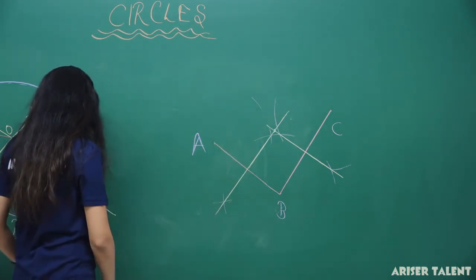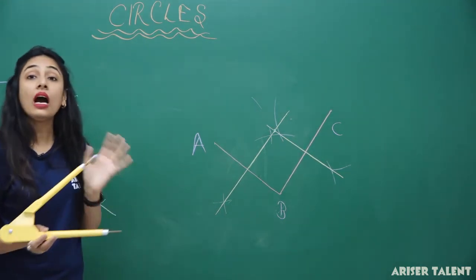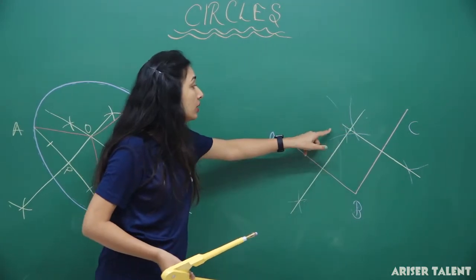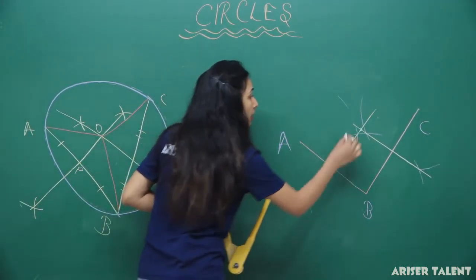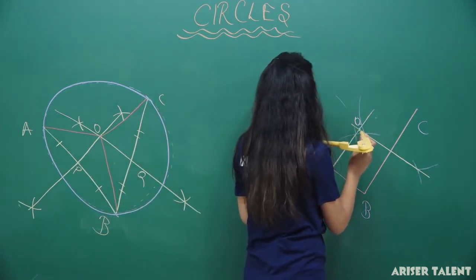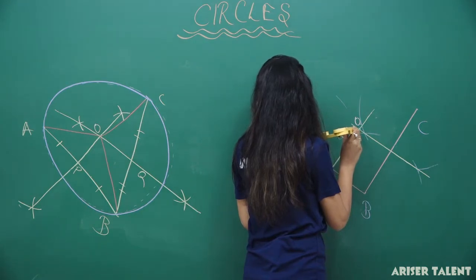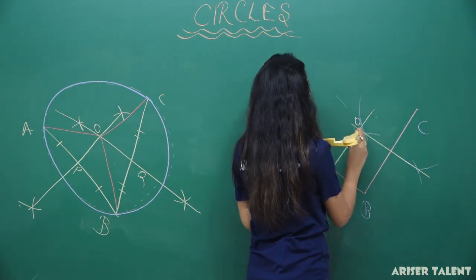So what you have to do now is take an arc equal to OA, where this is point O. So this is your OA.